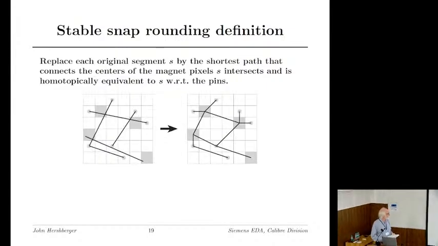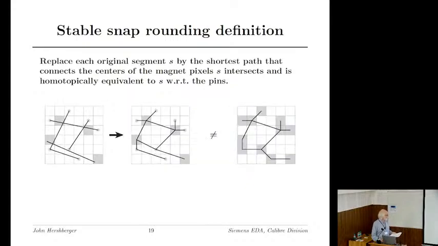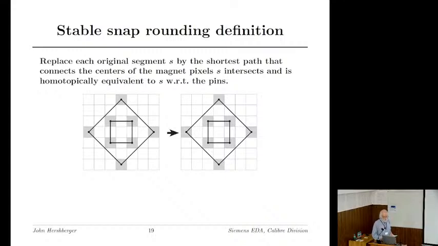In this example, the bottom left segment is not forced to pass through the pin in the bottom center, which means that the rounded arrangement shown on the right is different from the way it would be under standard snap rounding. And that means that on the problem test case that we had before, we get the desired behavior.